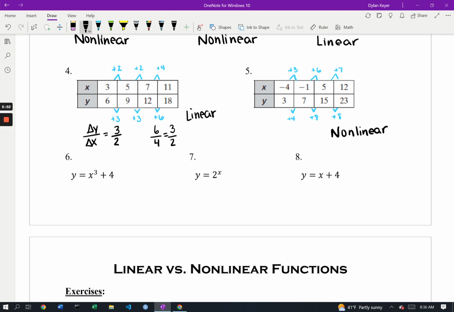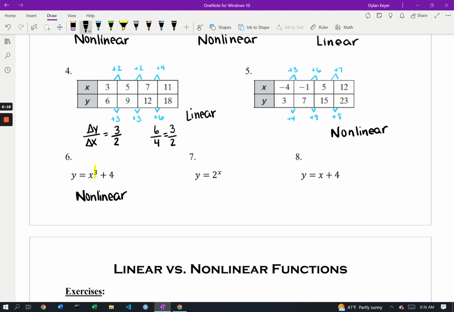And then lastly, looking at these equations, I know that linear equations are written in the form y equals mx plus b, where there are no exponents more than 1, there's no variables as exponents, and there's no x's in the denominators. So looking at this first equation here, this is nonlinear because it has the exponent of 3 there.